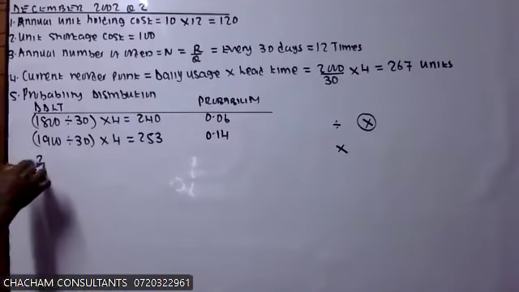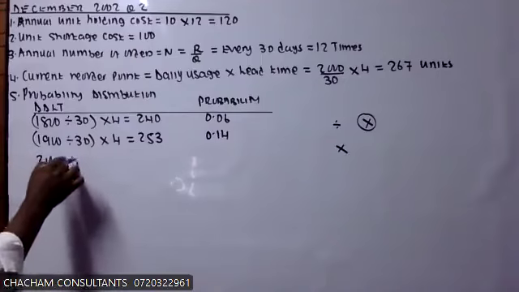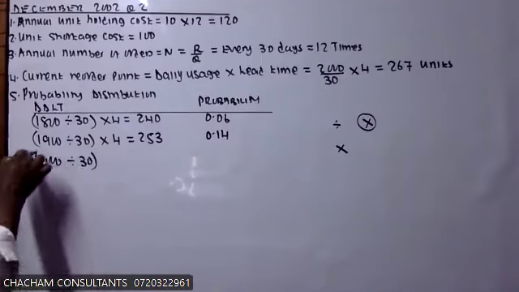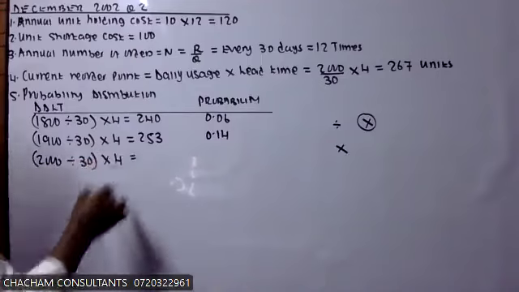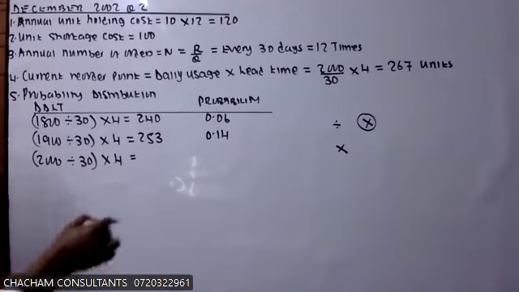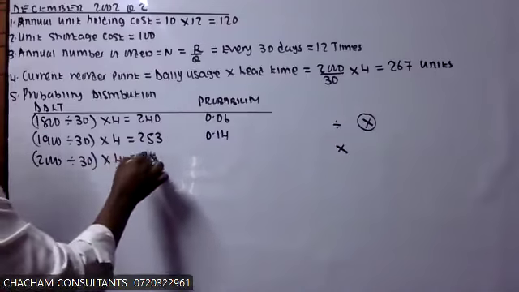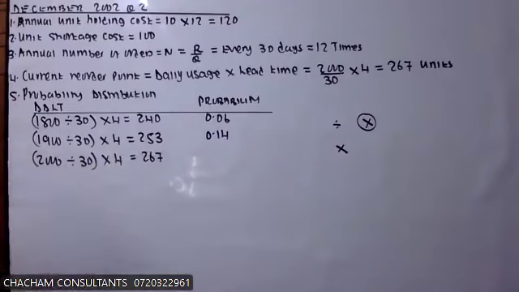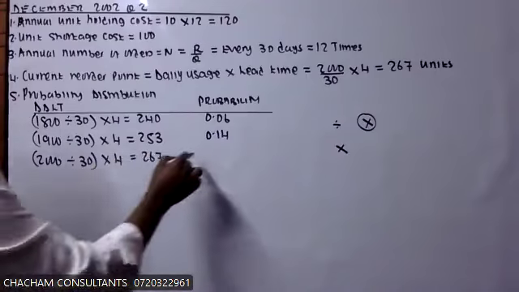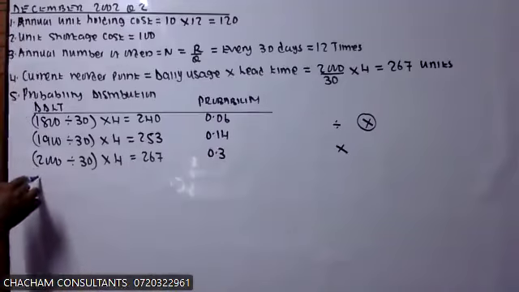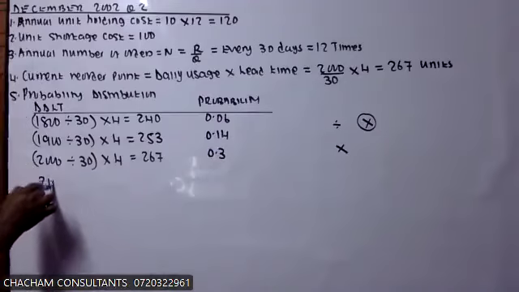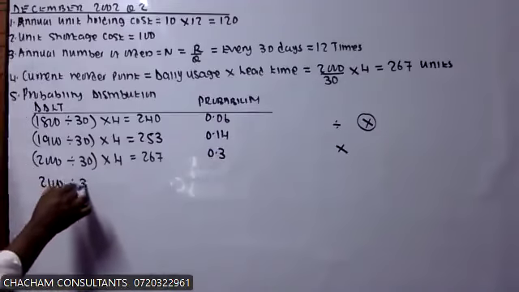We go to 2000. We divide. Then we multiply by 4. This is the one we had there, 267. And the probability is 0.3. The next one is 2100. Divide by 30.